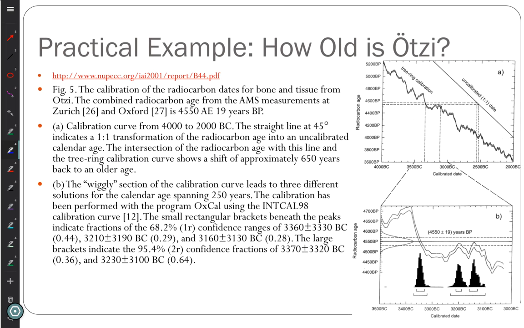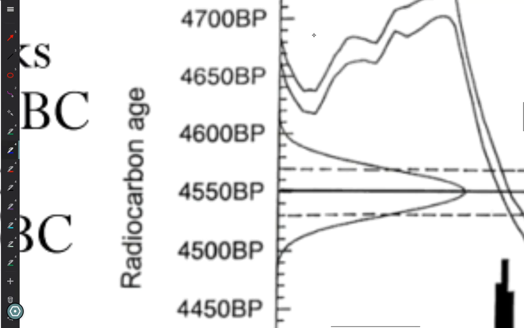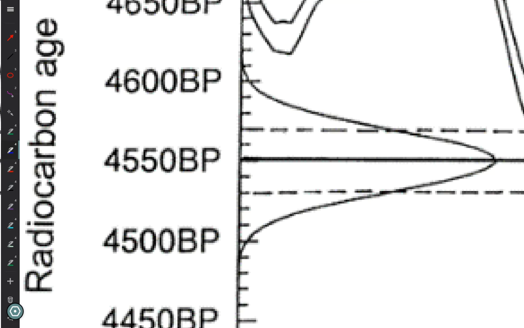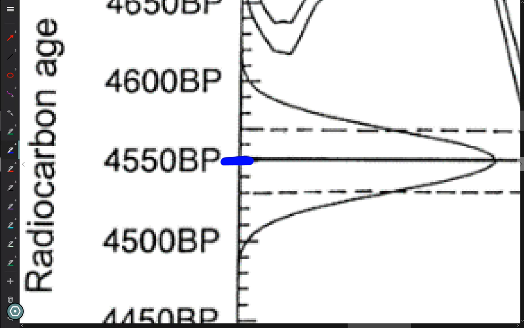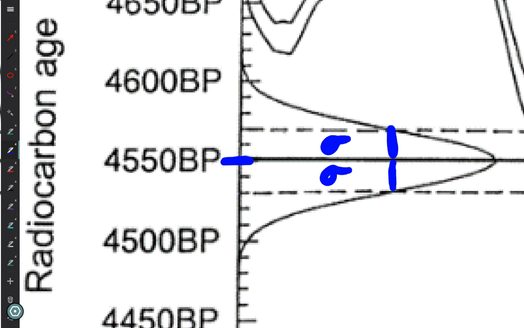Okay, so in dating the Iceman, they have an uncertainty in the ratio of carbon-14 to carbon-12. So here's the measured value, and here's plus or minus 1 standard deviation. And so they say, okay, based on this amount of carbon-14 to carbon-12 ratio that is in Ötzi, we're going to calculate how old Ötzi was.